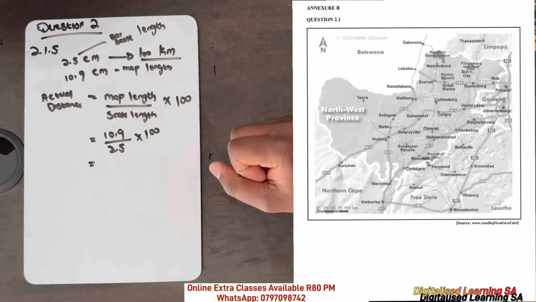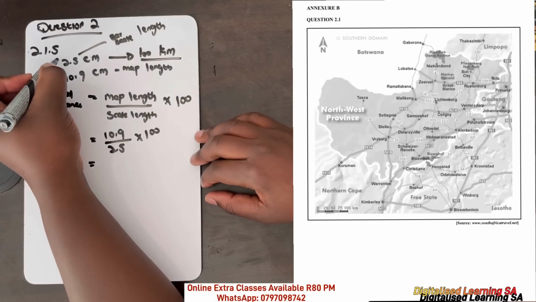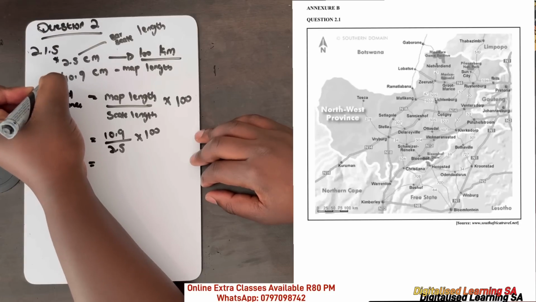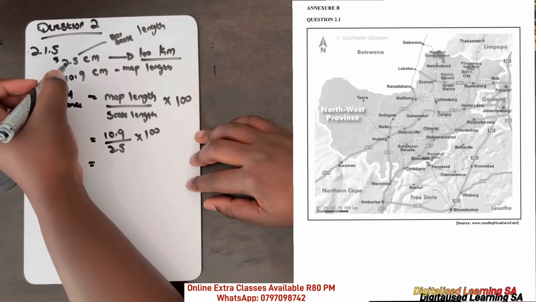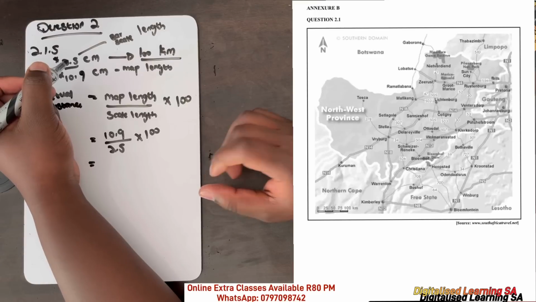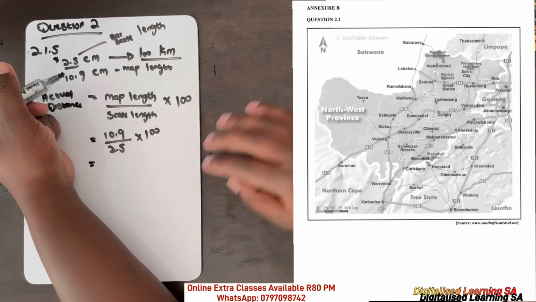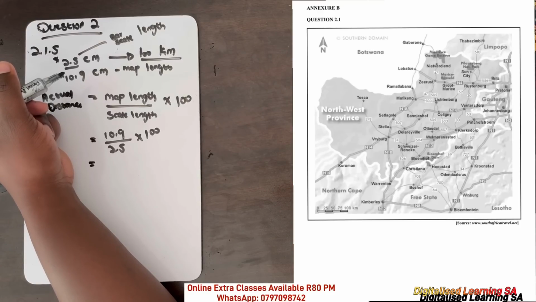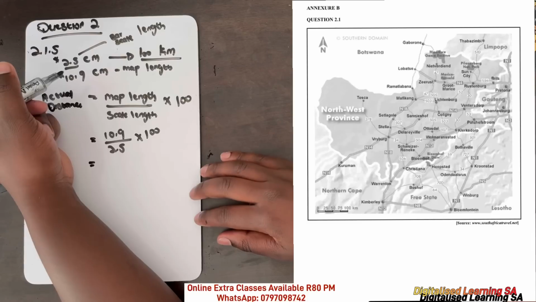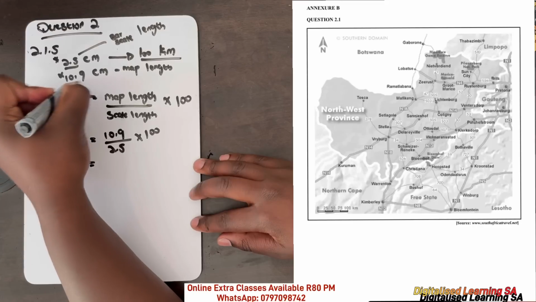If you are wondering where we got the 2.5 and the 10.9, you just take your ruler. I didn't print out this paper, I didn't get enough time, but if we take our ruler and measure using the map that we are given, we will get these two distances.